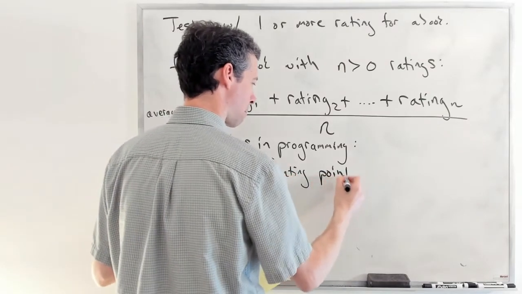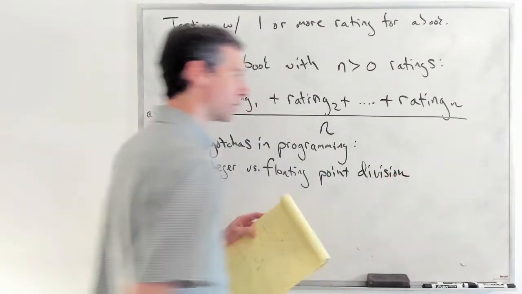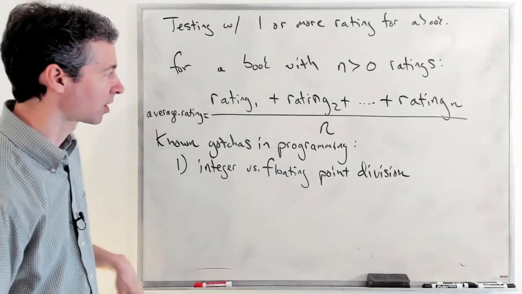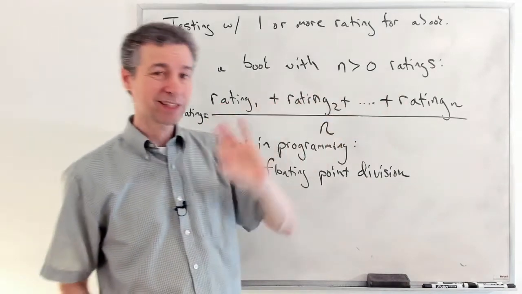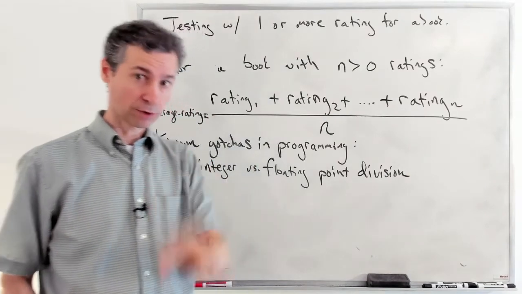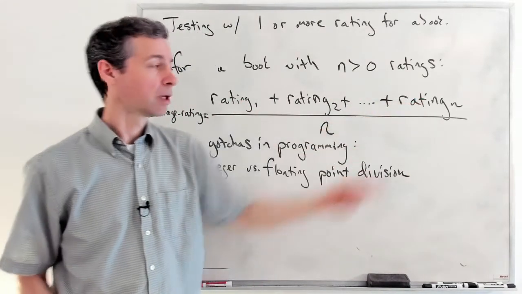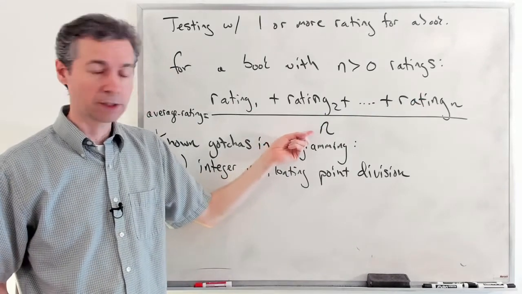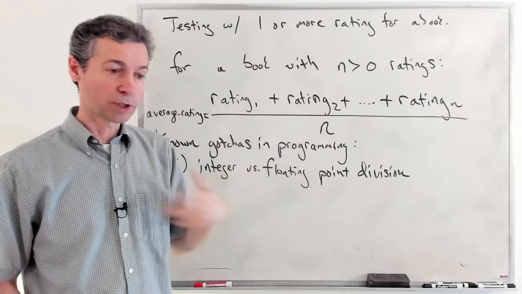division. Anytime you divide up numbers, you got to think about this. If you sum these up and they're all integers in Ruby and in Java, you will get an integer at the top. And invariably, the number in the denominator on the bottom is going to be an integer.